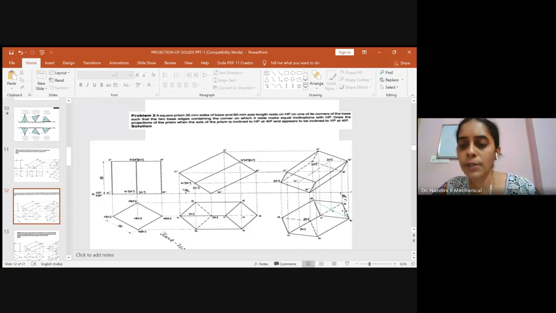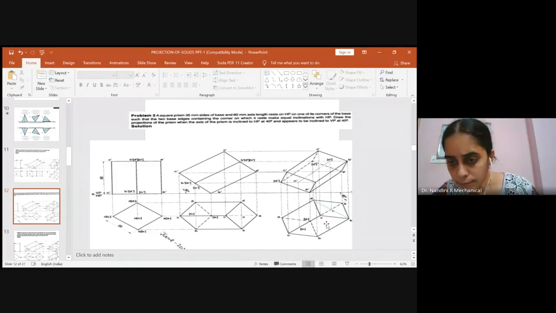Then you come here, the top surface is located here. Don't take the projection from here or else you'll go wrong. The bottom surface we have done already. Now the top surface. The locus of A is meeting A dash at this point, so this is our A dash. Then the locus of B is meeting B dash at this point, so this is our B dash.